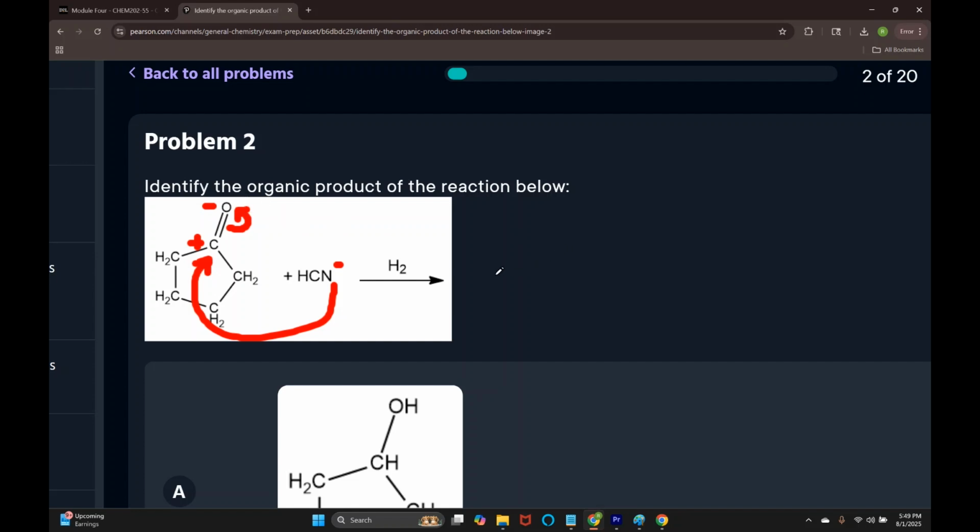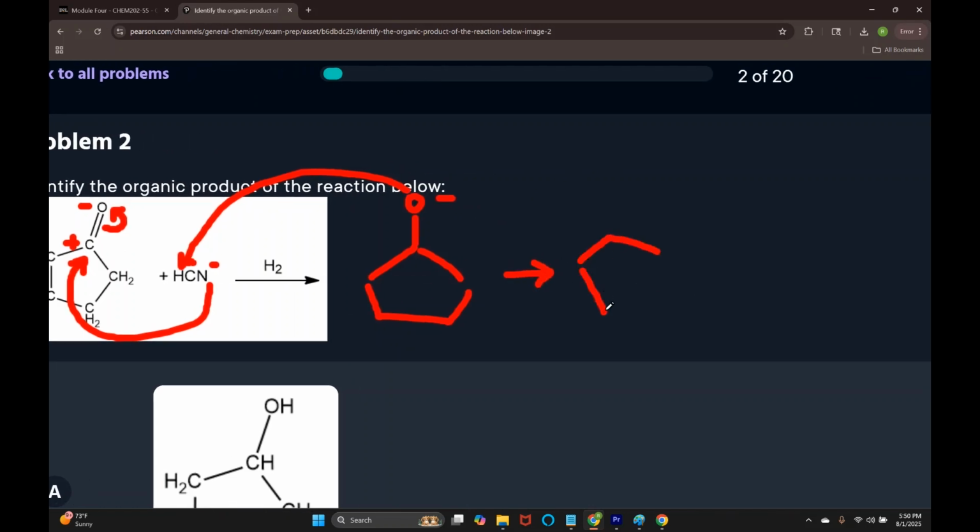So let's redraw this real quickly. Our oxygen is going to come over, it's going to attack this hydrogen, and that is going to create our OH up here. And then we also have our CN right here.